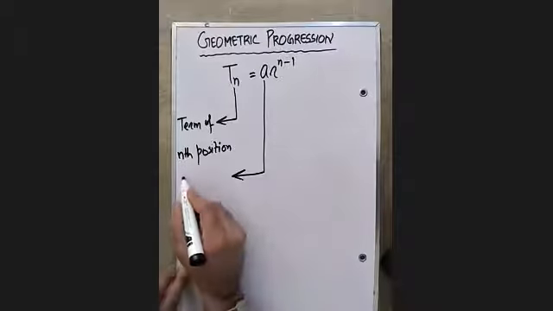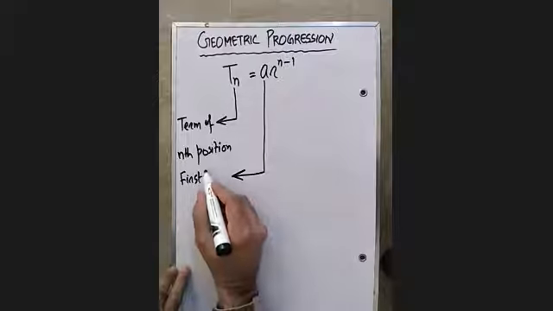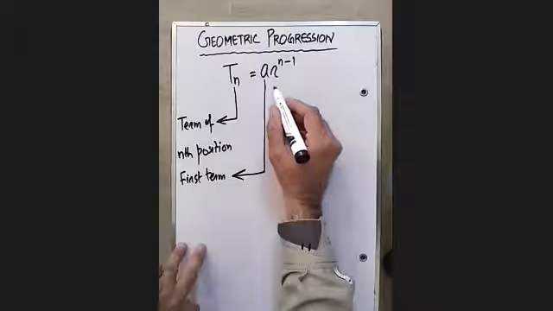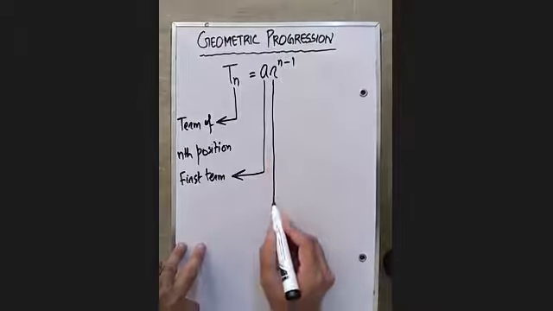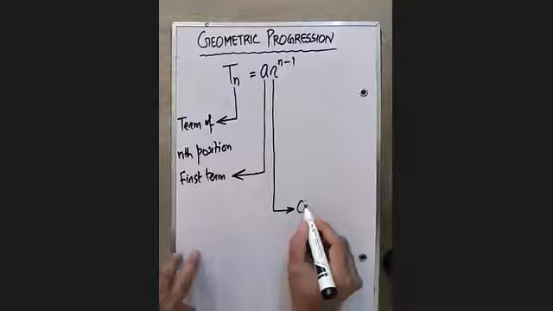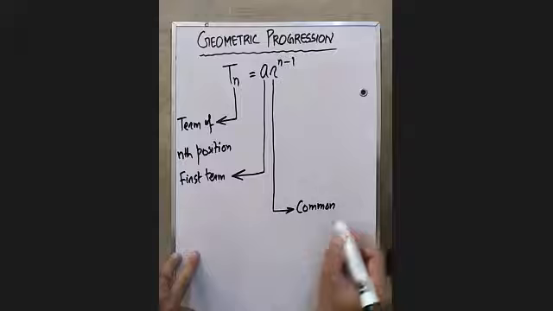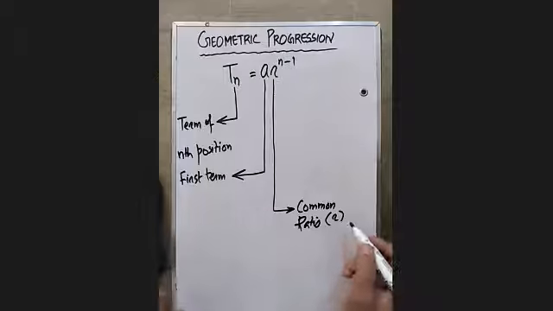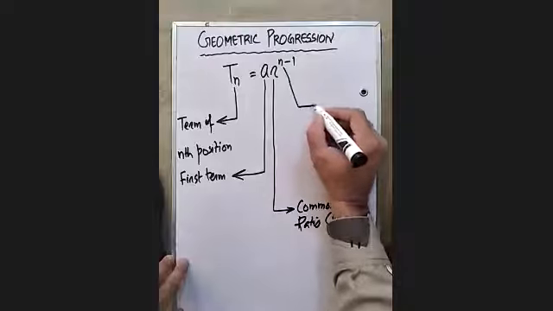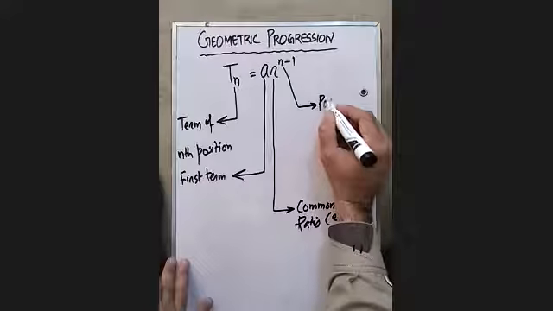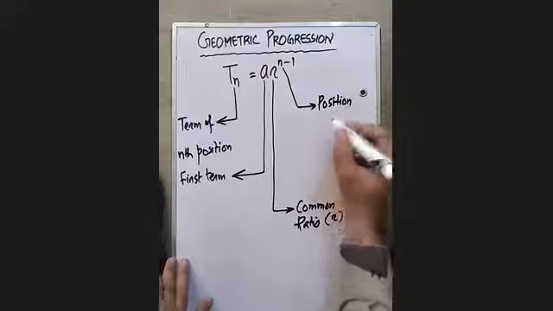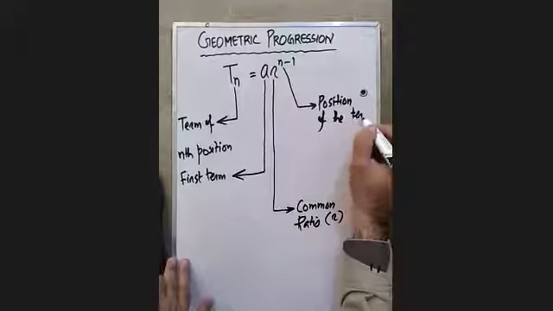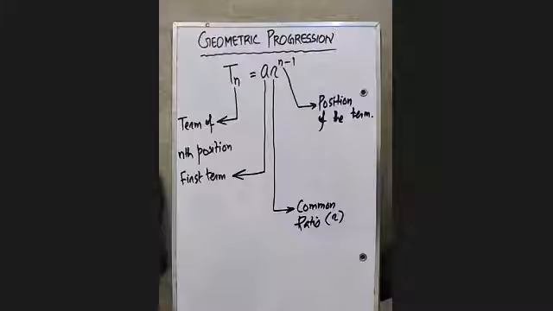A, the first term. Yes, as we saw in AP, a represents the first term, in GP also a represents the first term. Okay, let's talk about this. It's called common ratio, which is represented by small r, and we have n, the position of the term. This is the way the formula is expressed.